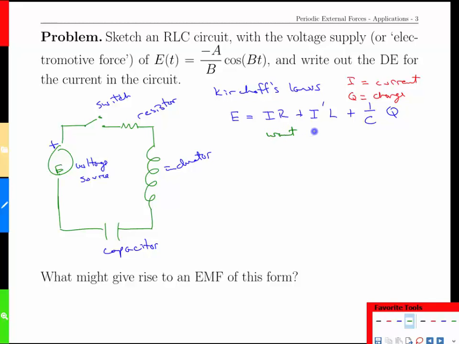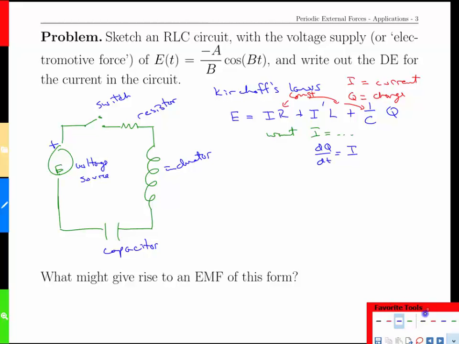What we'd want to know is I equals. Current is the unknown. These other elements, L and C, are constants. So how does that help? Well, the interesting thing is the amount of charge that ends up on the capacitor. If we ask how much that changes over time, that's exactly what current is.